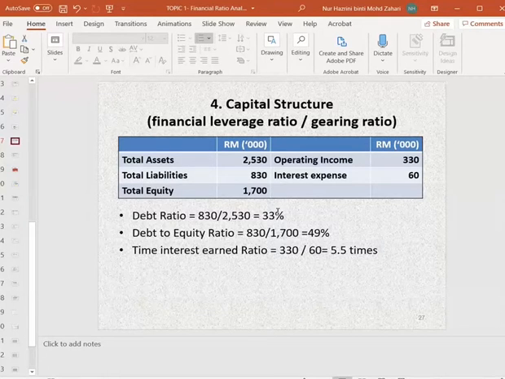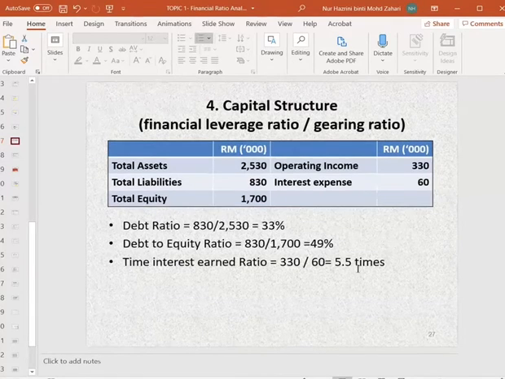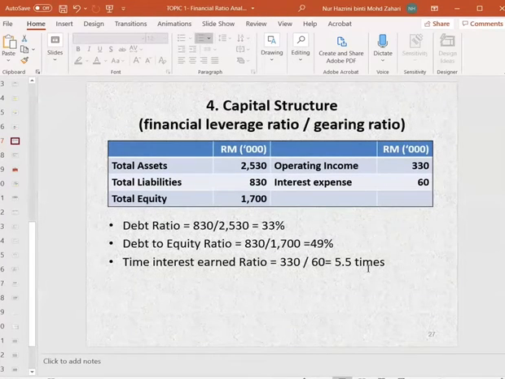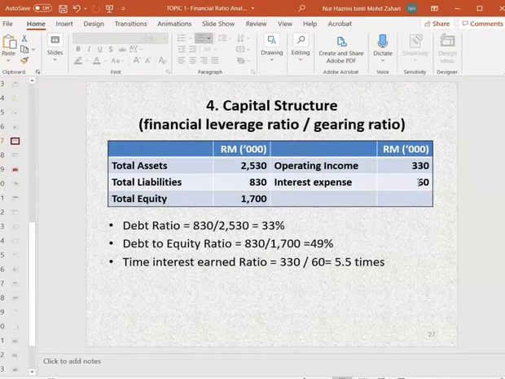For debt to equity ratio, total liabilities divided by total equity, so we have 49%. Debt ratio and debt to equity are presented in percentage, times interest earned is presented in times. Again, don't ask me why. For times interest earned, we take operating income divided by interest expense, so we have 5.5 times.